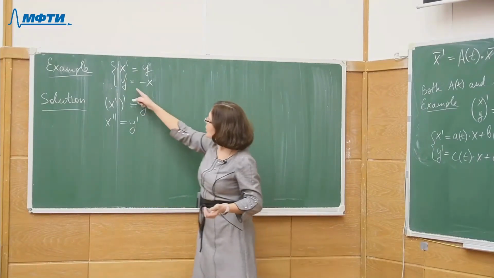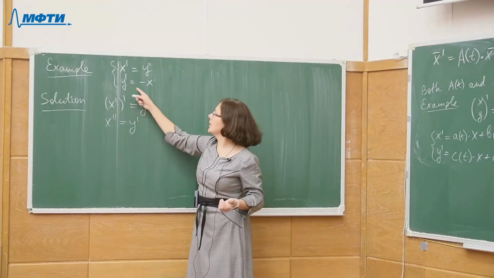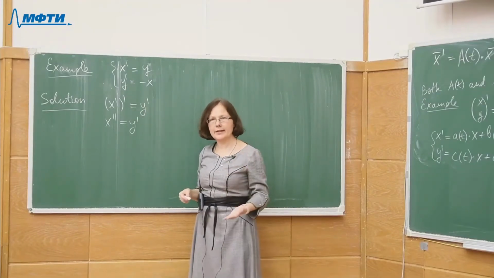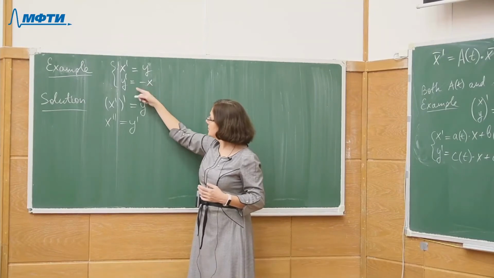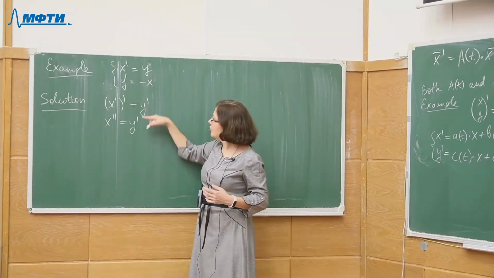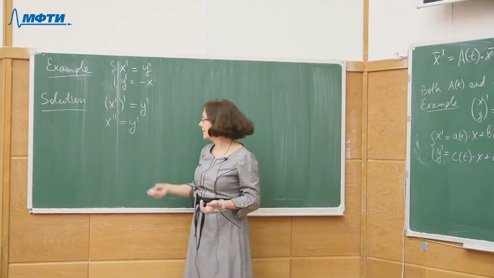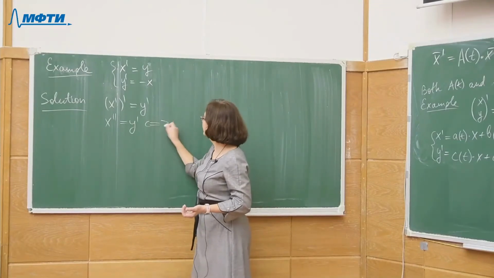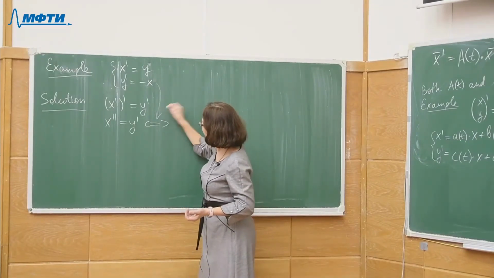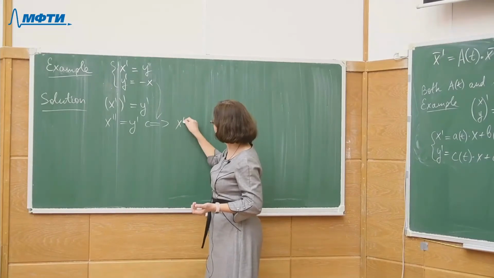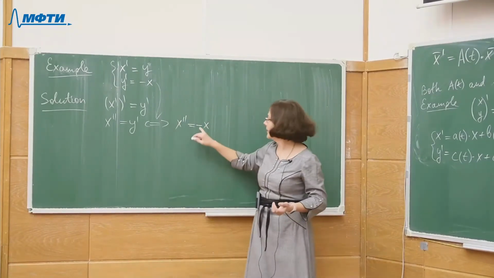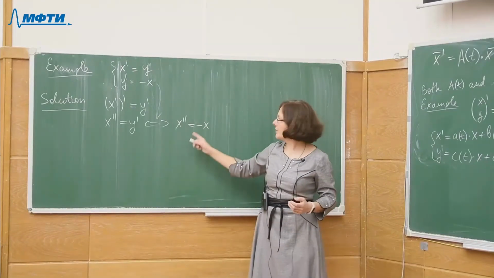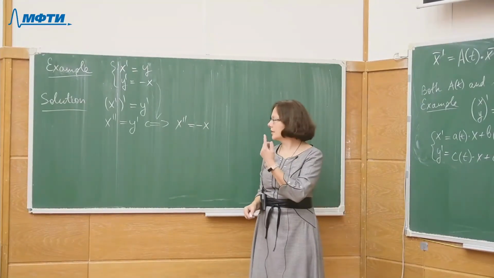But now, from the second equation, we can see that y prime is negative x, so we can substitute minus x for y prime. Right? So from equation number 2, we obtain that x double prime equals negative x. We have obtained a single equation.